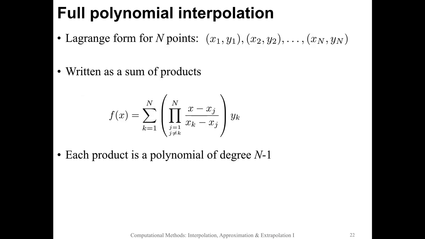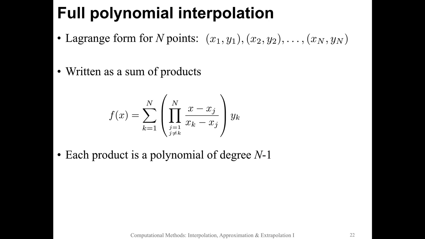So we can actually have a formula in general for n points. If we're given n measurements, x1, y1, x2, y2, up to xn, yn, we can find a polynomial that will fit through all of these data by using a formula due to Lagrange. And this is the Lagrange form written out here.